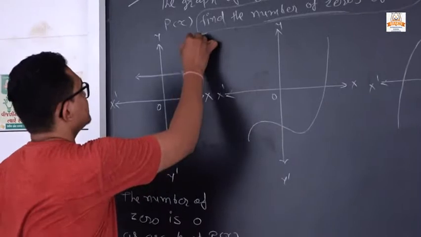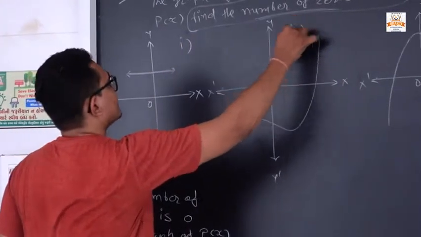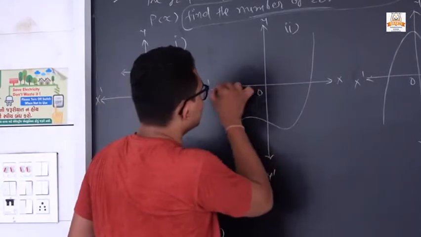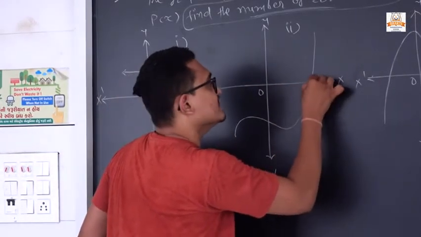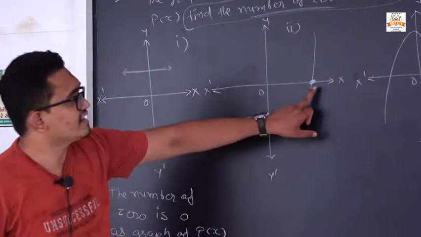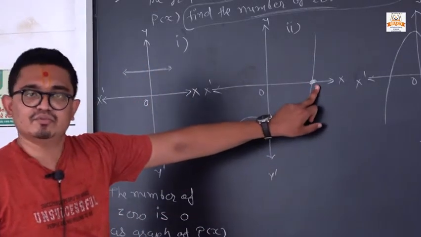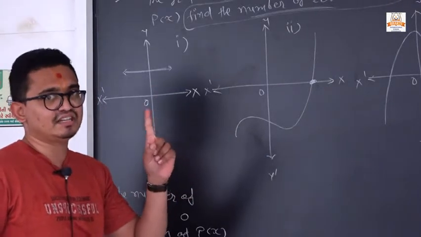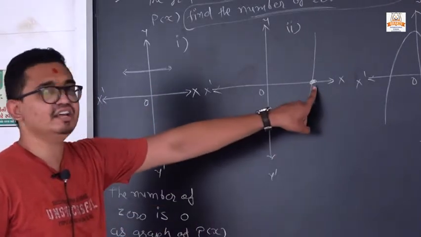Now the second question. See that, that was our first, and that is our second. From that graph you can see that it cuts the x-axis at 1 point. So here the number of zeros is 1, because it intersects only one time.